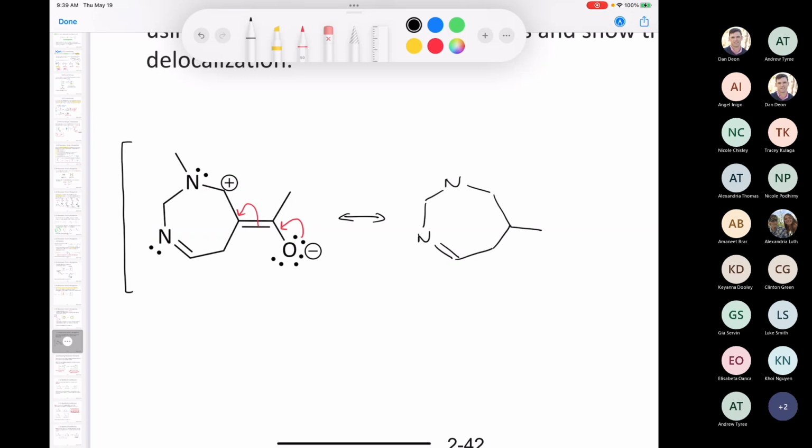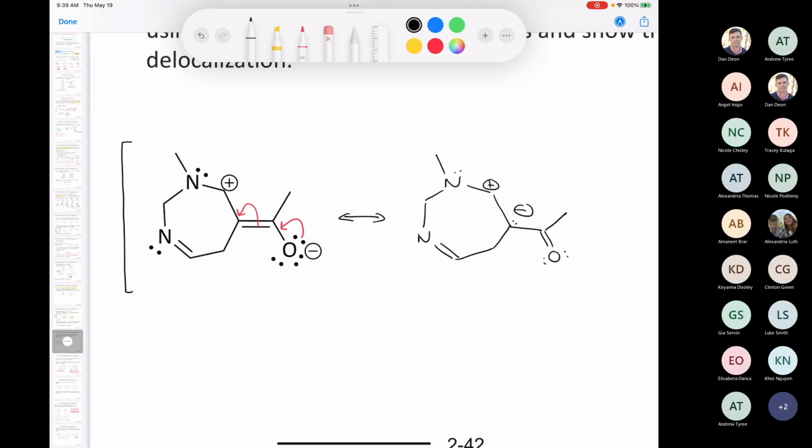So now we've got our double bond here, we have our pair of electrons here, and we still have a pair of electrons here and a positive charge right here. Well, there we go. That's our first resonance contributor. Give me a thumbs up if you follow me on that contributor. All right, good. The allylic lone pair, cool.